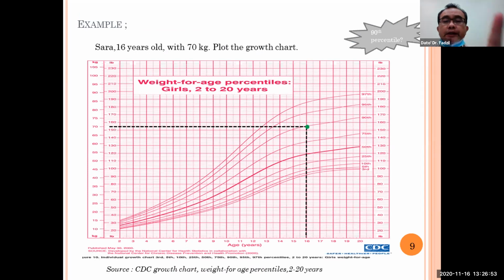So dia kat sini je pakai yang ni. I nak ubah nanti. Kita pakai NHI yang semua hospital pakai. Satu. Nombor dua, you kena biasakan chart government tu dan follow chart government tu, you akan practice that one. Kita pakai Z score. Kita faham Z score. Kita explain apa tu Z score kemudian.